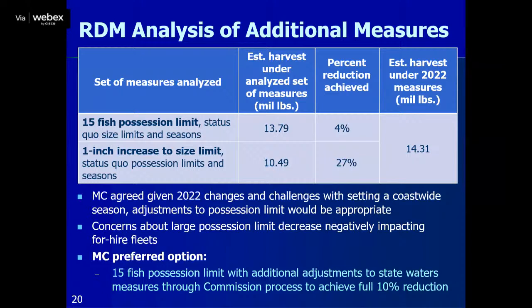What we would be looking for is for the council to make a decision in terms of the percent reduction necessary, and then an understanding of whether and how that reduction would either come out of changes to coastwide measures under the federal plan, or an understanding that the board, working through the states and their conservation equivalency process, would figure out a way to achieve that necessary reduction in state waters. The process and the methods that the board and the commission use are less of a concern to me than meeting the overall objective.